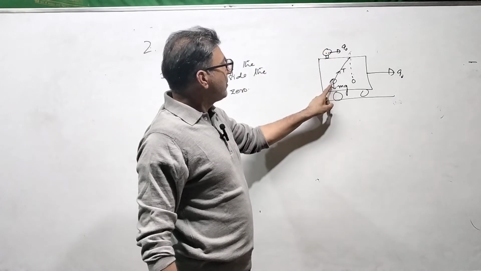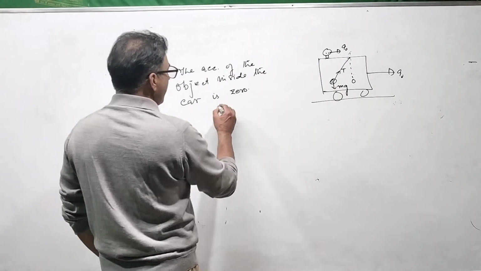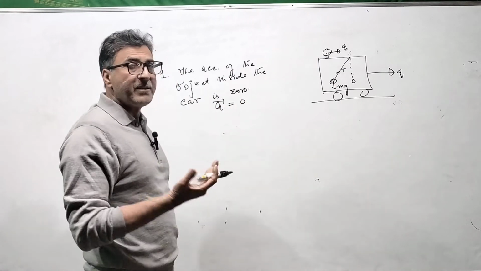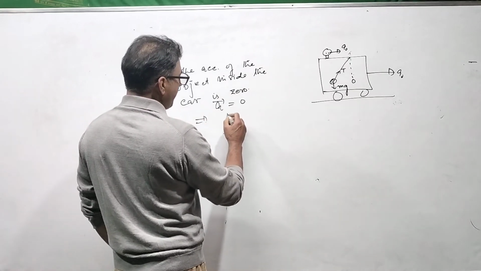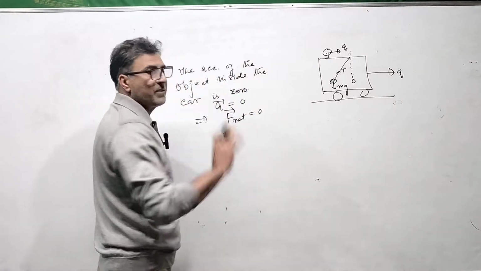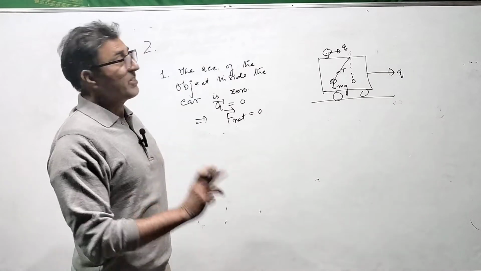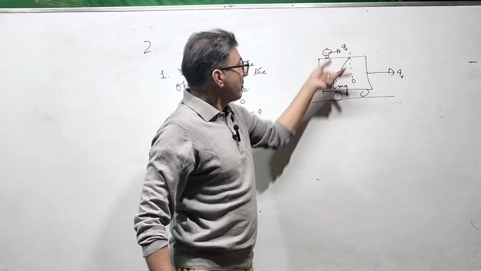He will observe this object has 0 acceleration. So a is equal to 0. If he says net acceleration on the object is 0, then immediately he says that F net is 0. That's the first observation that he makes, because everything inside the car has no acceleration with respect to him, because relative acceleration is 0.